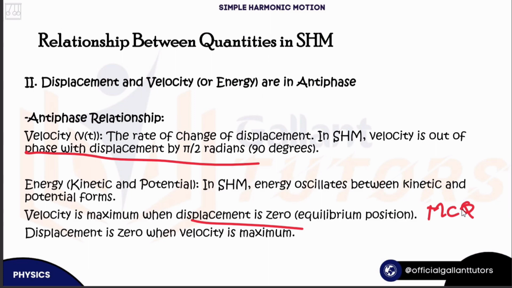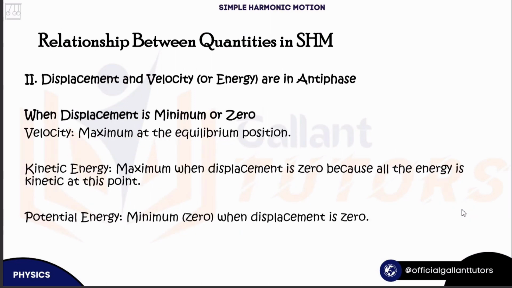So this is interchangeable. We're just changing the terms. Alright, so what can we say when the displacement is actually minimum? When the displacement is minimum at the equilibrium position, or close to the equilibrium position, velocity is maximum at the equilibrium position, right?